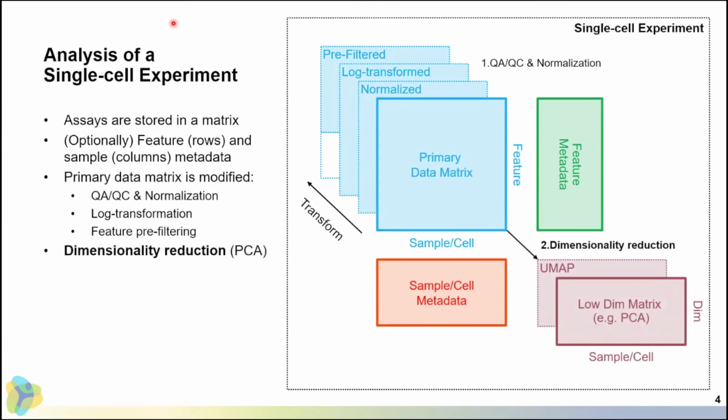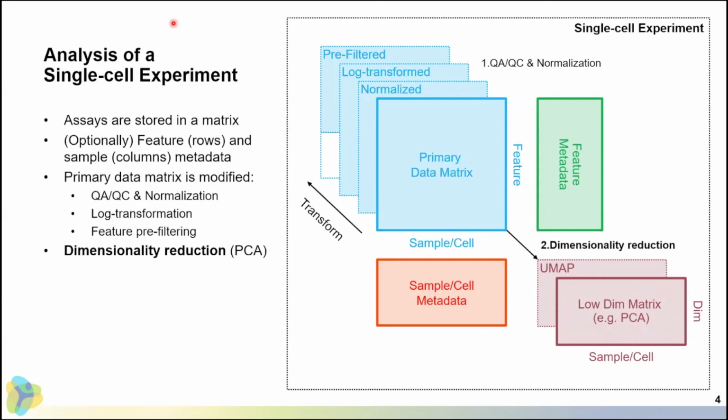The first is dimensionality reduction. I think the most commonly known approach is probably principal component analysis, or PCA, which of course does come up sometimes for bulk analysis, but it's typically just done for visualization purposes. In contrast, in single cell space, it takes a much more important role in the analytical pipeline.